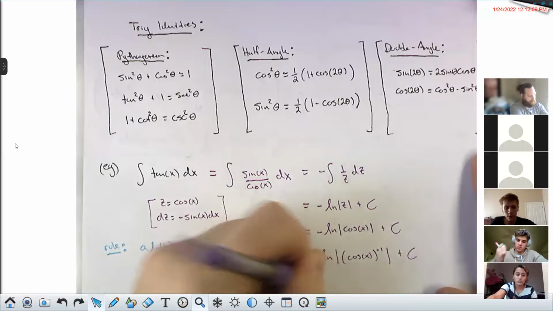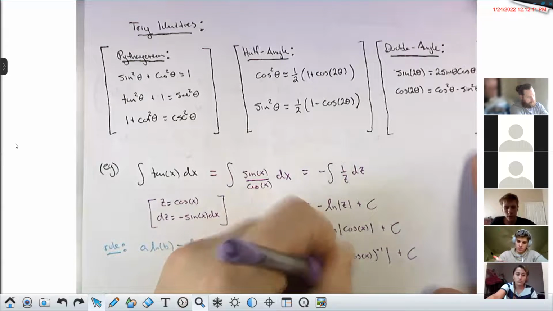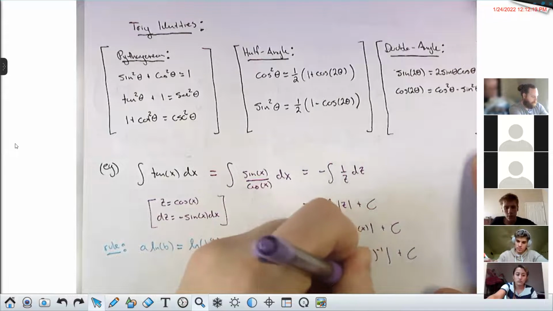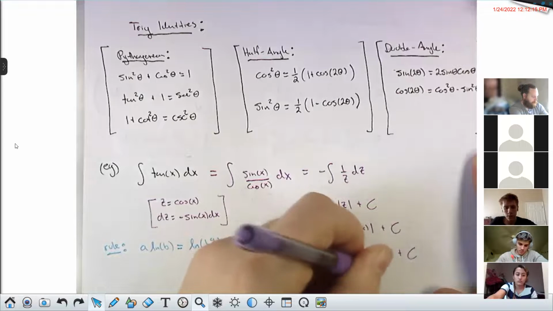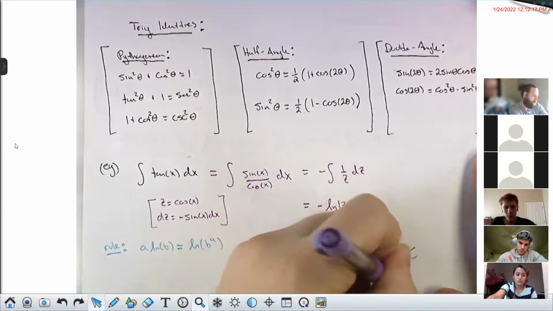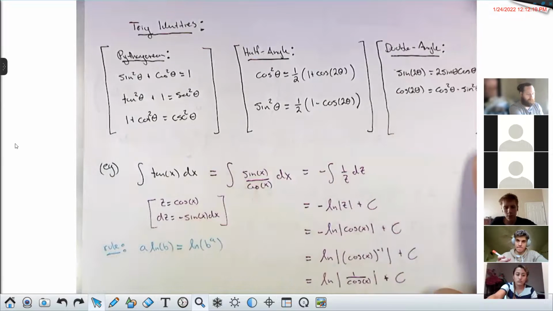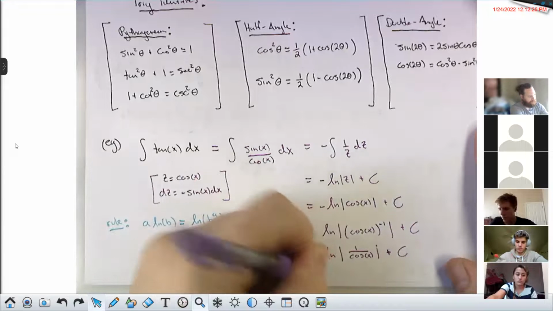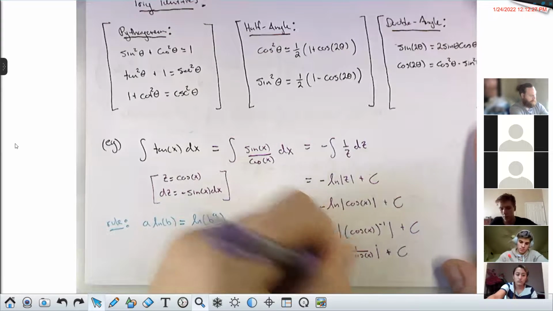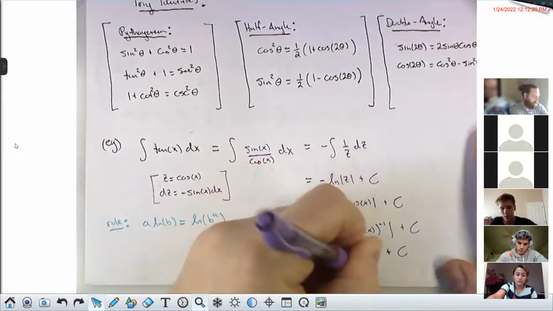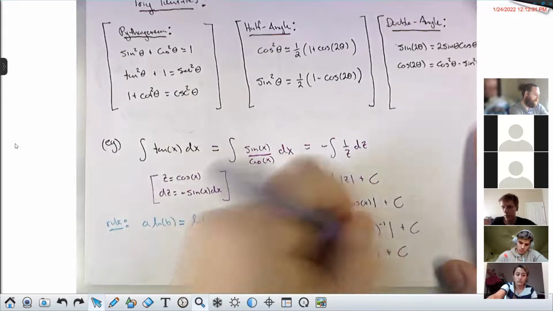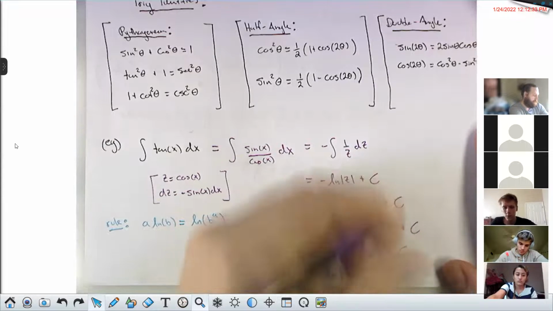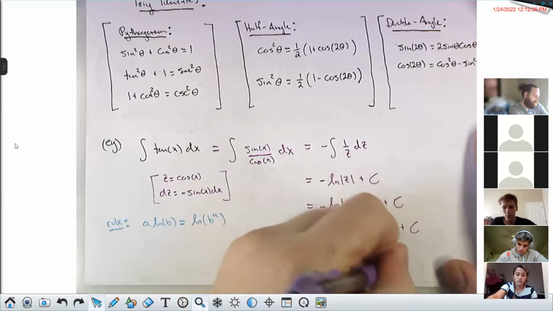That is the natural log of the absolute value of 1 over cos x, and 1 over cosine x, that's secant x. So ln absolute value secant of x is the integral of the tangent function.